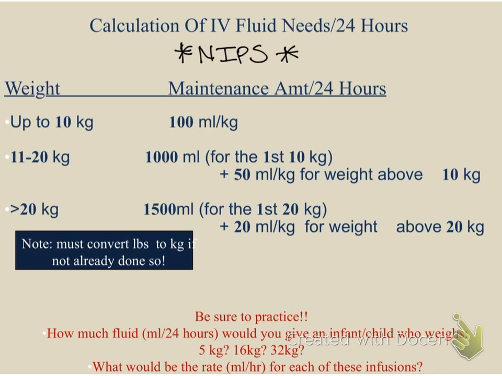Now, what if I started with, let's say, 14 kilograms? Where do I start? Okay, so tell me what to do. I'm doing 10 times 100, right? So I'm at 1,000. I have to minus my 10, right? Now what am I doing?